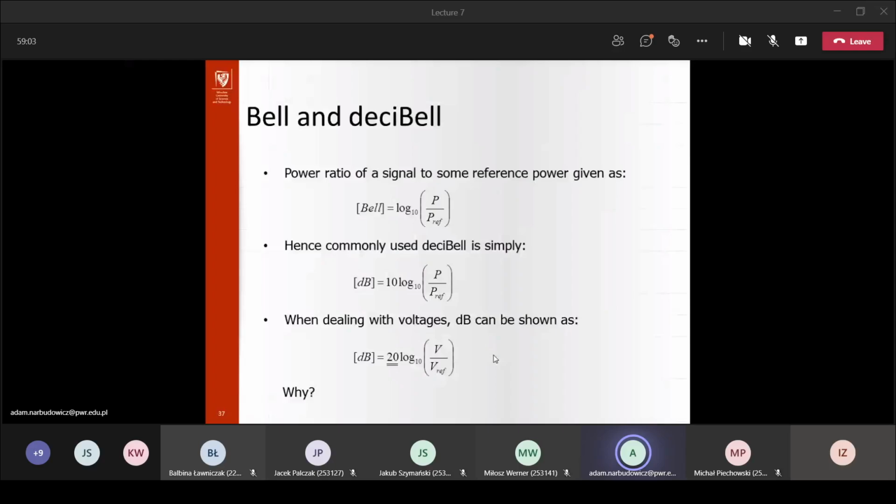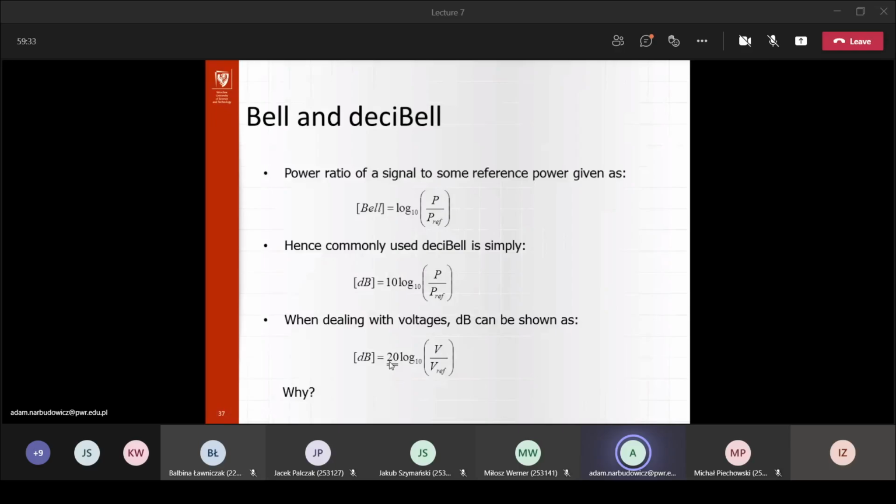So if you think about the typical equation, power is of course voltage multiplied by current, which in general is proportional to the power 2 of voltage, right? Since this is a logarithm, you can take the power 2 out from under the logarithm, which is seen as multiplication by the factor 2.